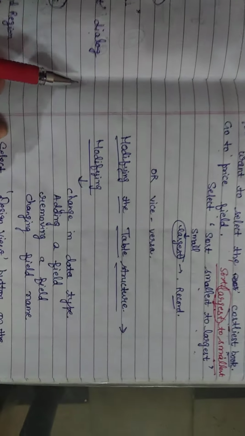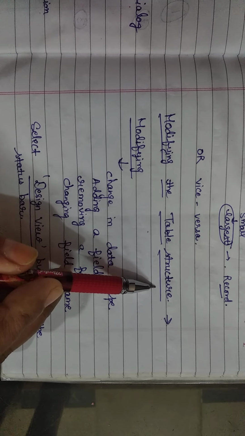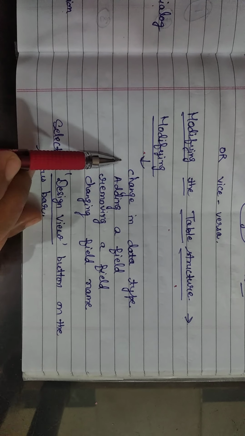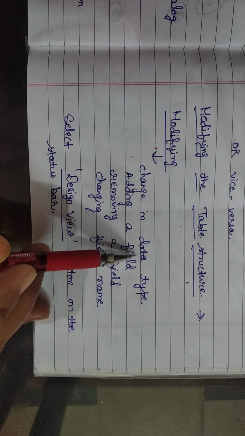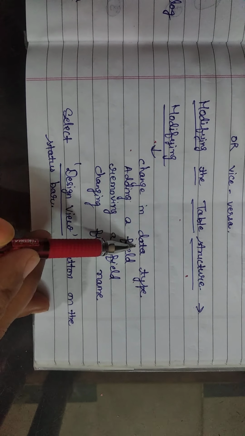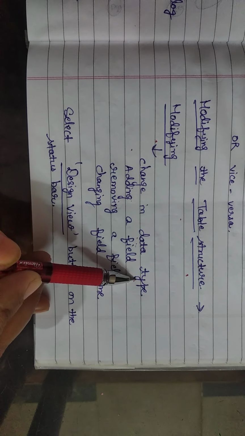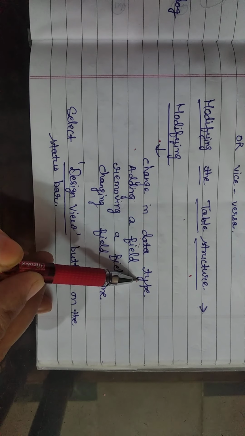Okay, now next is modifying the table structure. How will you modify? Modify here means changing the data type. If you want to change the data type, for example, you have taken data type Text and now you want data type Memo.